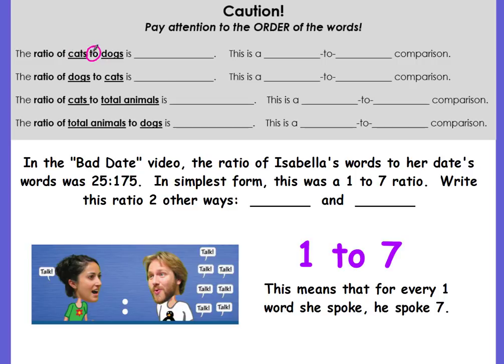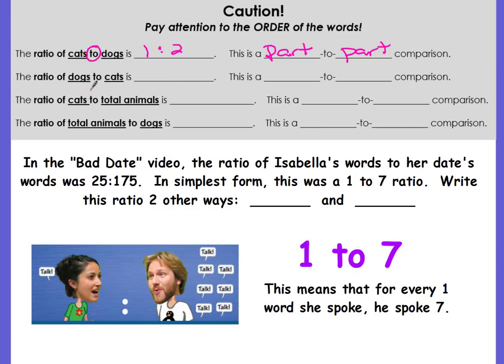So the number of cats was 1 and the number of dogs was 2. So the ratio is 1 to 2. This type of ratio is what we call a part to part comparison. We're comparing the different parts of the group of animals. The parts we're comparing are the cats and the dogs.